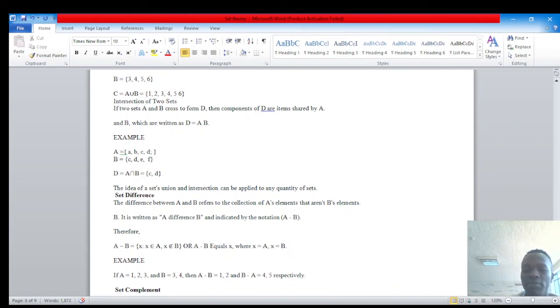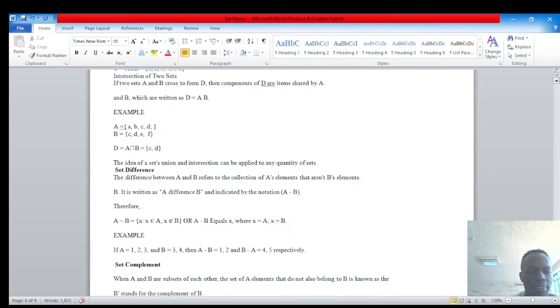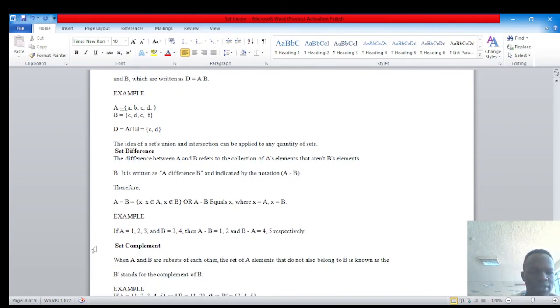An example: set A has 1, 2, 3, and set B has 3, 4. So set A difference B is equal to 1, 2. Why?